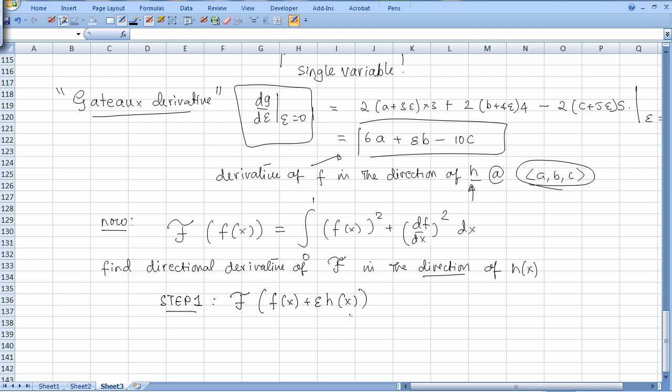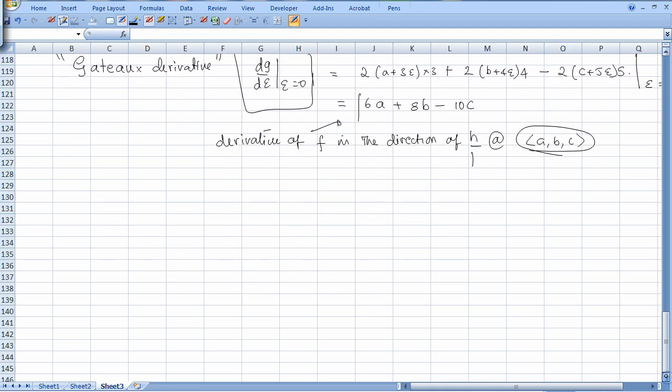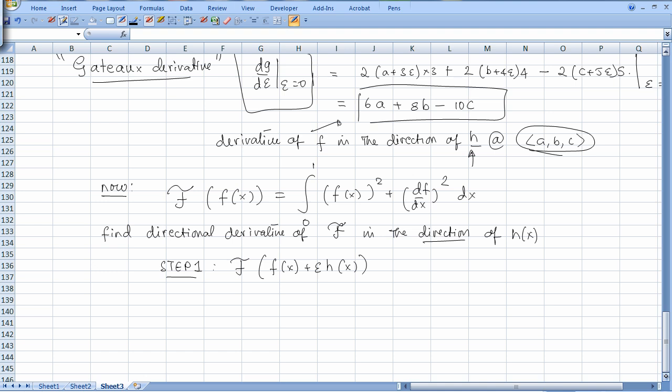Can you do that? Pause it, write down this expression, and then come and see what I have. Okay, very good. Did you pause it? Did you write down your version? Then come and see what I have. What I have is the following: F of x plus epsilon h of x equals integral 0 to 1 of f plus epsilon h whole square plus f prime plus epsilon h prime squared dx.